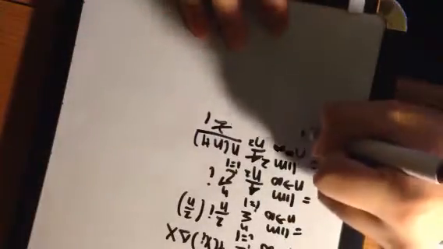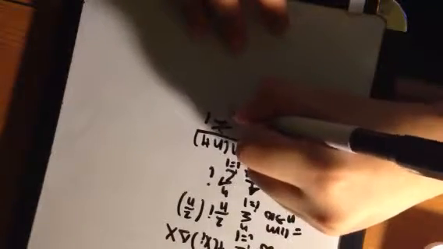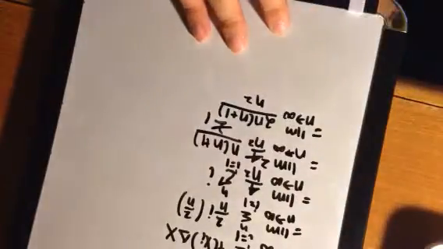So 2 and 4, 2 cancels out to 1, 4 cancels to 2, so we are left with 2n times n plus 1 all over n squared.